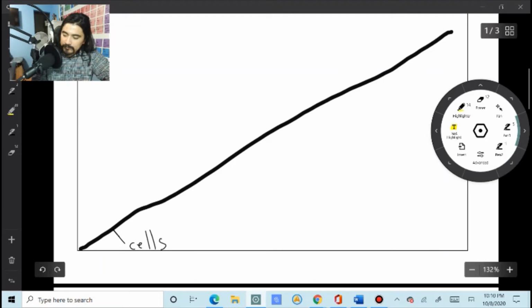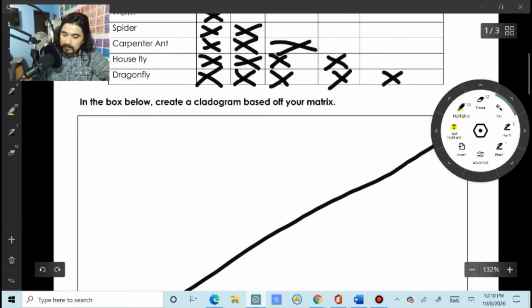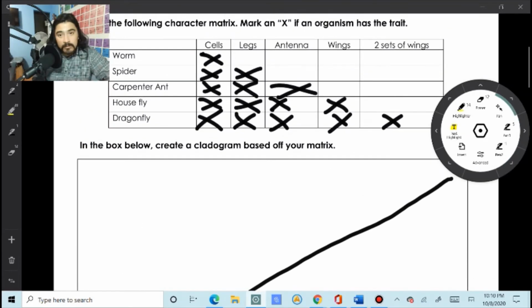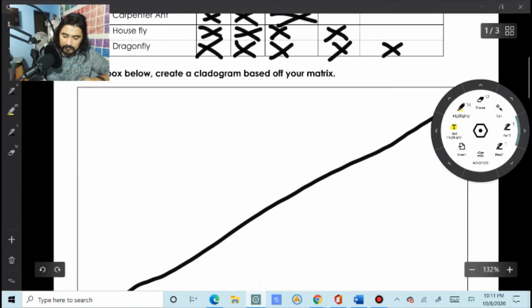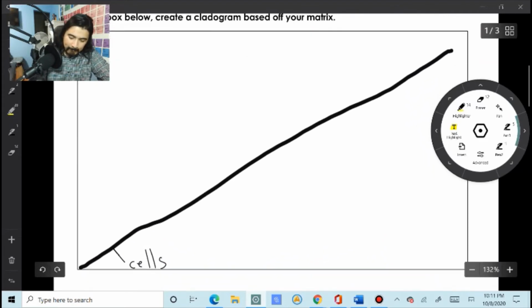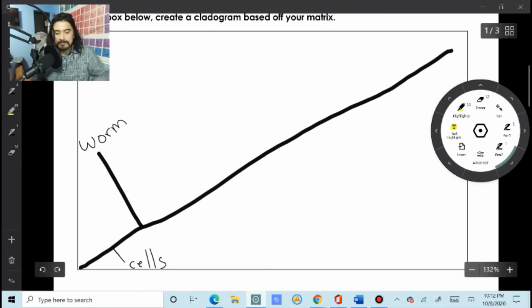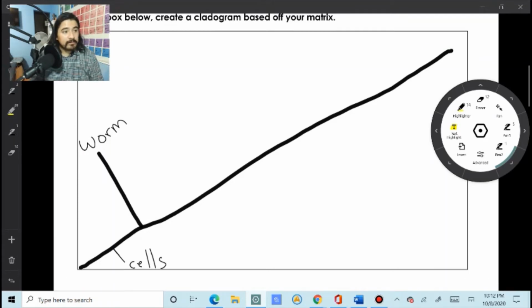So now let's put our first organism. What is our first organism that showed up? It's going to be the simplest one. A worm has the least characteristics present, so we know that they're going to be the first ones. So then we're going to put a worm first. Now we can include our next characteristic.